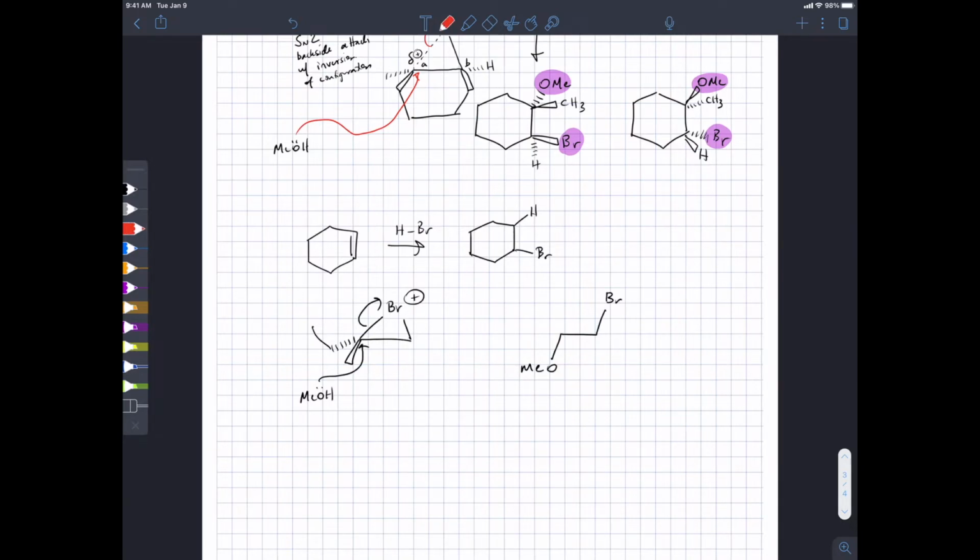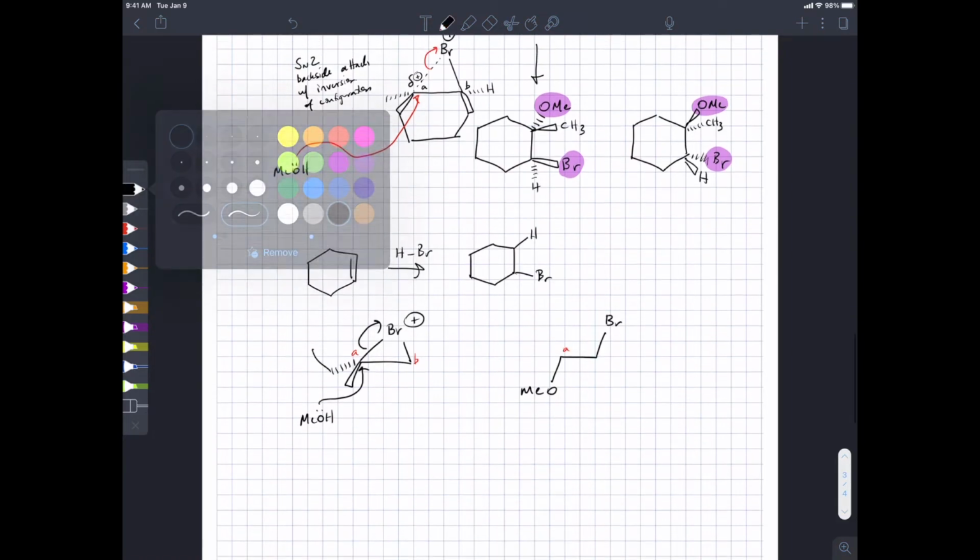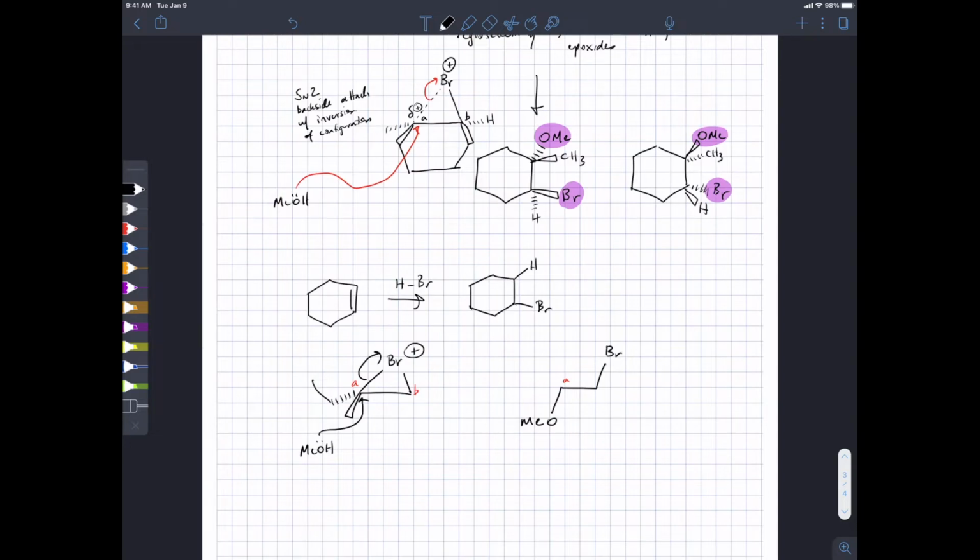Now on that carbon A that was attacked by methanol, the methyl group will still be pointing out towards us but angled towards the top of the page, and the ethyl group will be pointing into the page away from us, but still sort of pointing up towards the top.